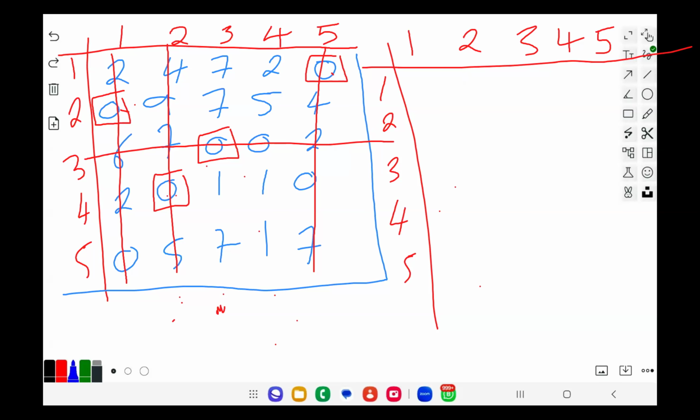From these cells that are not cancelled, that don't have any line, what number is the smallest? There is 1. So 1 is the minimum value. What's the next step?